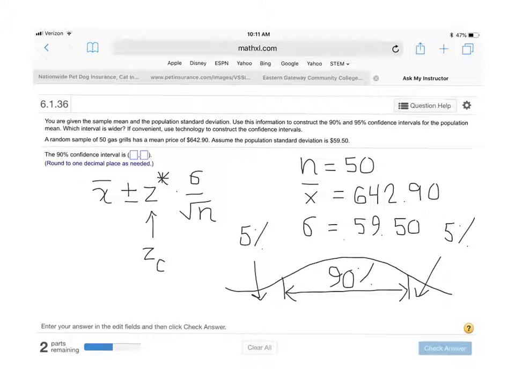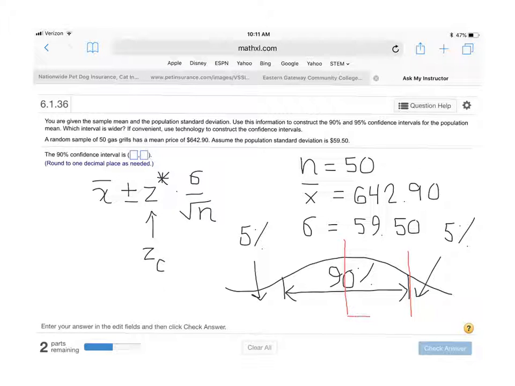Our table that we use for our class gives the area that is between the center of the normal curve and the end of the interval. And so it's really, in this case, giving us half of our confidence interval.